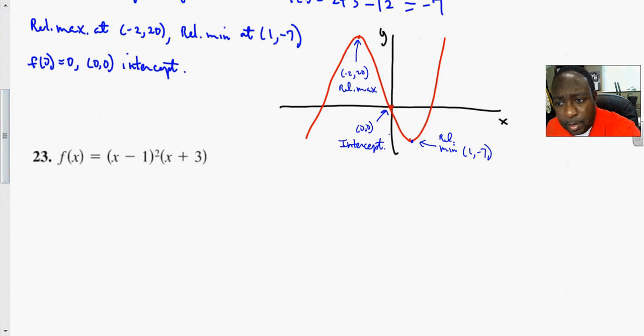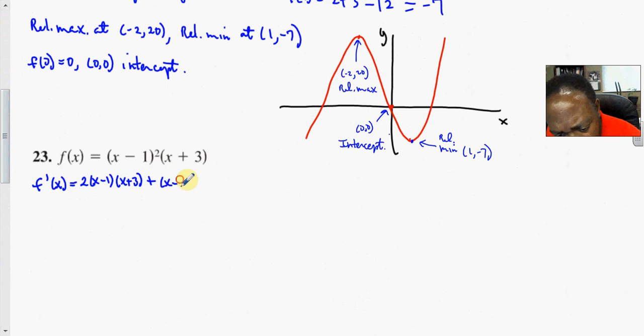Well, let's keep digging. Look at the next problem. Find the derivative f prime of x. It's the derivative of the first, which is 2 times x minus 1, times the second, plus the first times the derivative of the second. And the derivative of the second is just 1. So f prime of x, factor out x minus 1 to help me in the simplification.